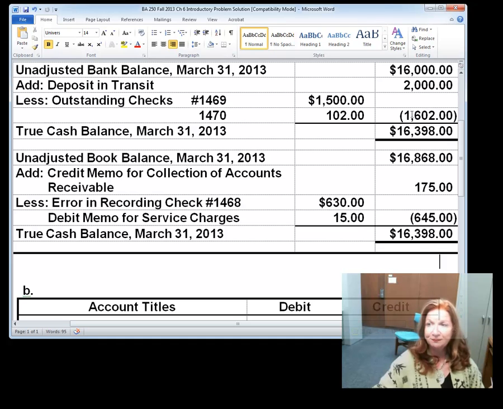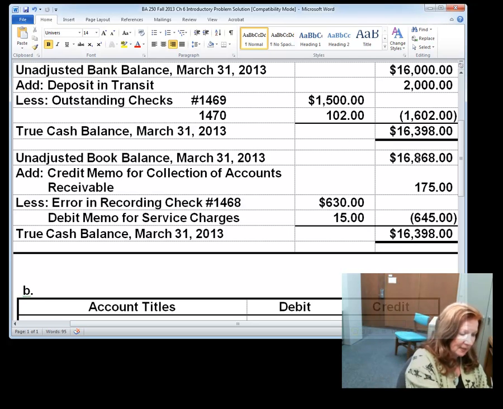It's a less, $1,602 that we see right here in the less outstanding checks. Now that's the only changes that we have. So the true balance that we're going to try to reconcile to is $16,398. 16,000 plus 2 is 18,000 minus 1,600 is 16,398.